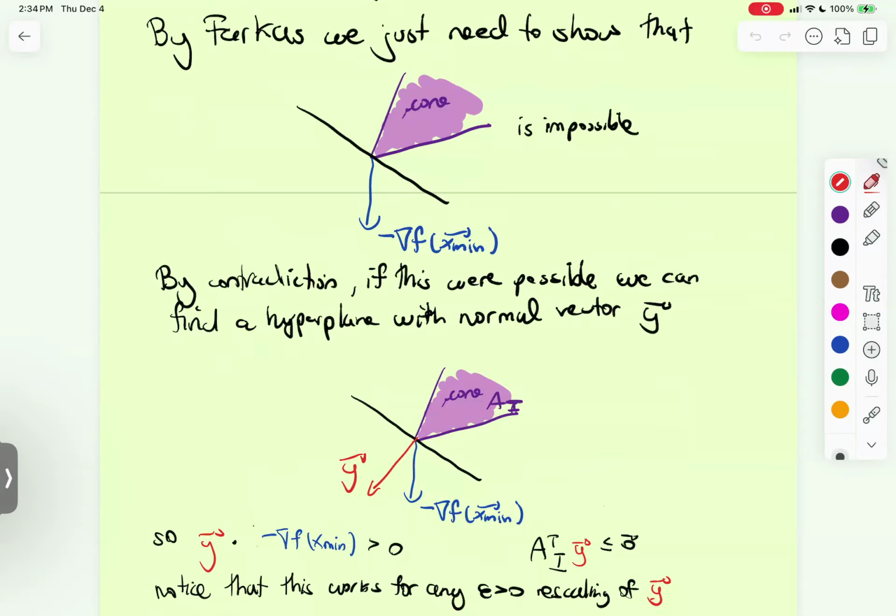Okay, but as you may remember, there's always some freedom when we talk about the normal vector to a hyperplane or to a plane, because its length doesn't really matter. So if you rescale the vector, here comes the epsilon. If you take an epsilon, which I'm going to think of as being super small in a moment, and rescale this vector by multiplying by epsilon, that just shrinks its length.